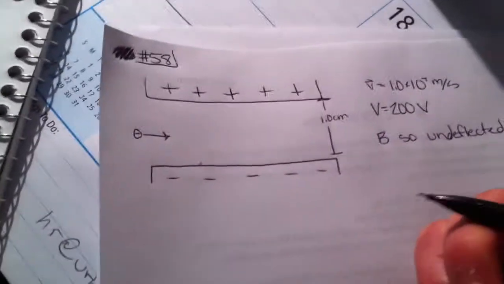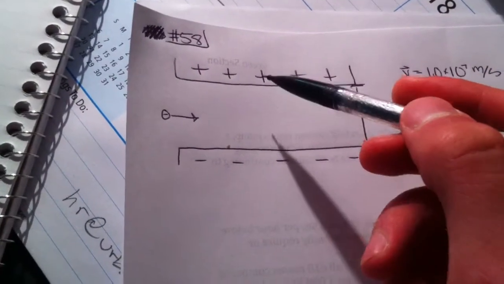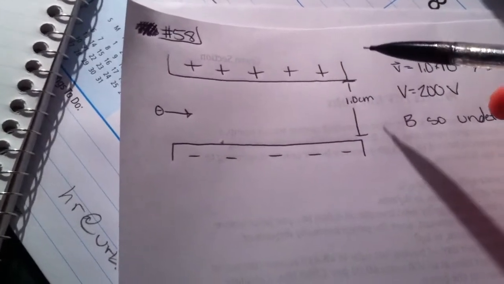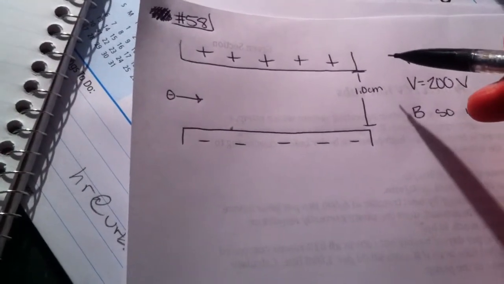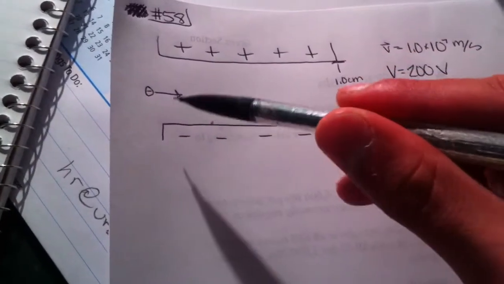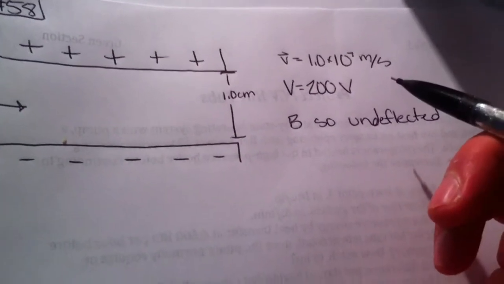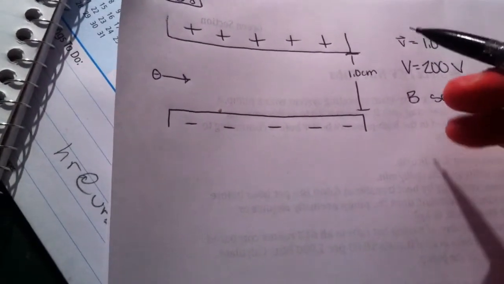Alright, so for my problem this week, I had number 58, which gave us two parallel plates with a voltage across it of 200 volts, and these plates are separated by 1 centimeter. Now they're shooting an electron at v equals 1 times 10 to the 7th meters per second, and they want us to find the B field so that it goes through undeflected.